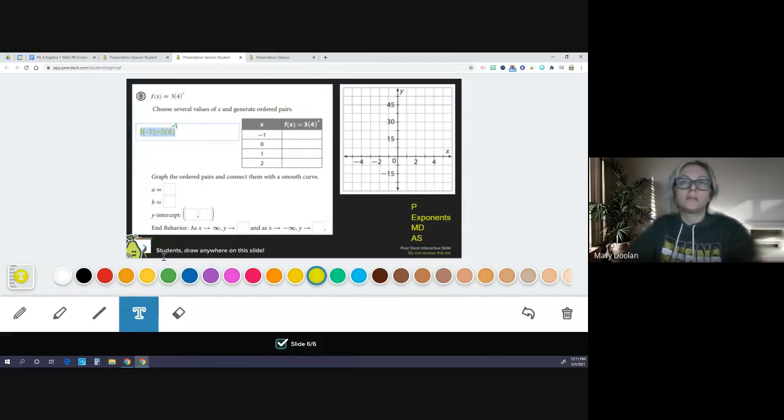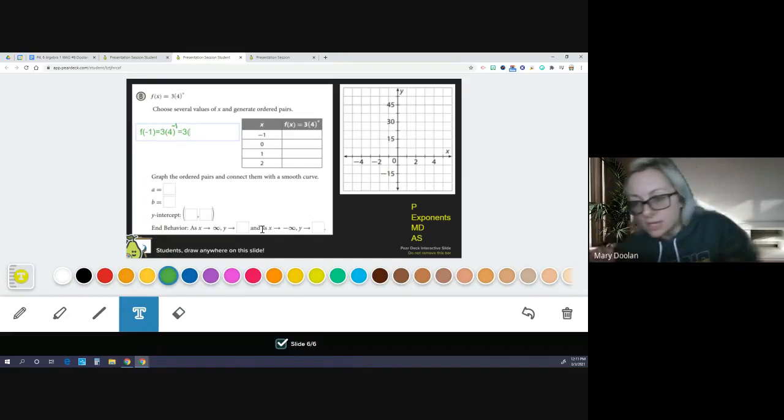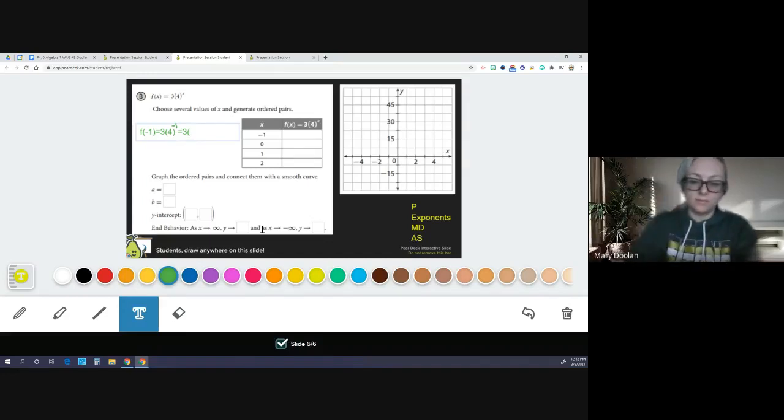Let's change my lovely green to yellow. The 3 is just tagging along. But now instead of 4 to the negative 1 power, that turns into 1/4. That's the rule for negative exponents. And then we multiply 3 and 1/4, which is 3/4.